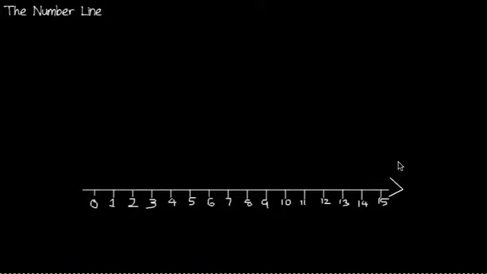Now, supposing we had a different type of problem, and that is a problem that gave us answers or a set of numbers that was spread far apart that we had to show on the number line. Well, a number line that we have here might not necessarily fill the need, and I'm going to show you an example of a question like that.